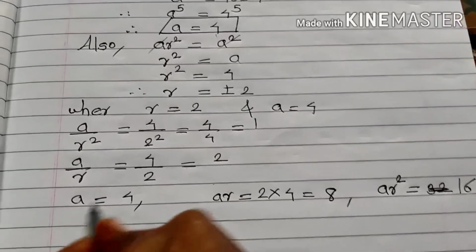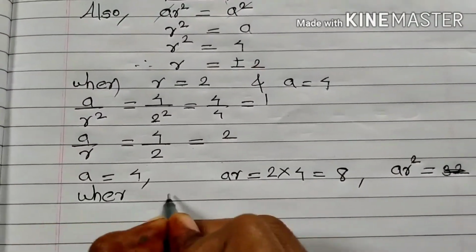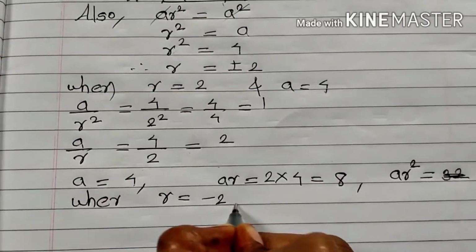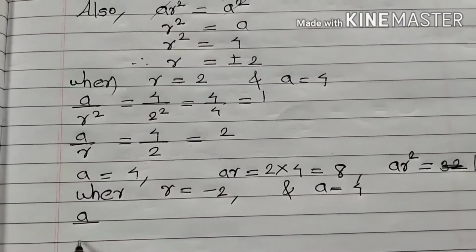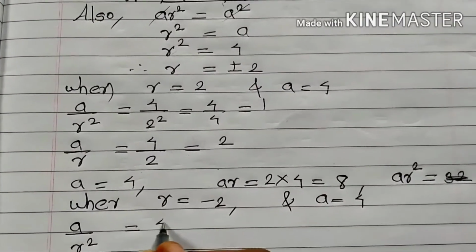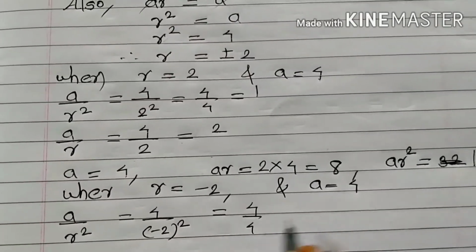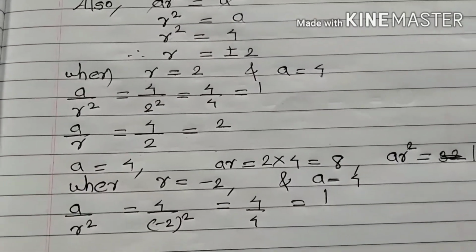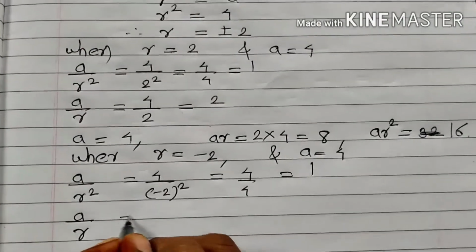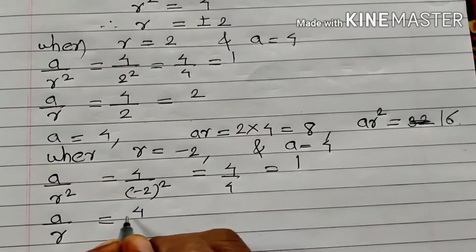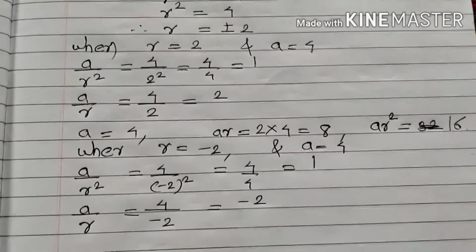And when r is equal to minus 2 and a is equal to 4, a upon r square, so a is 4 upon minus 2 square, which is 4 upon 4, 1. A upon r, 4 upon minus 2, which is equal to minus 2.